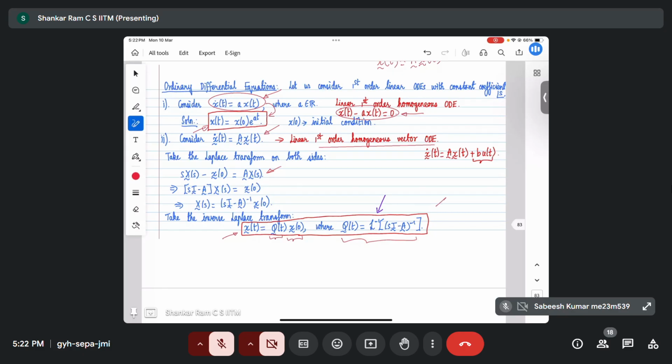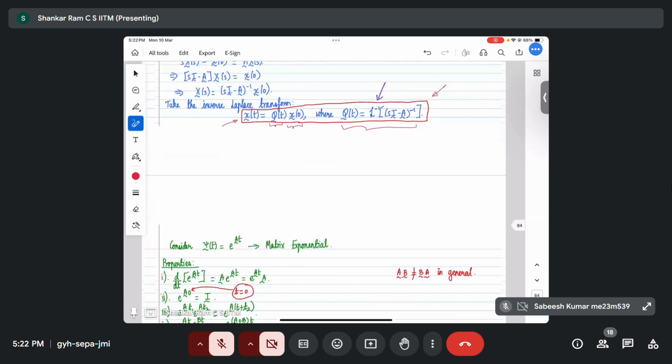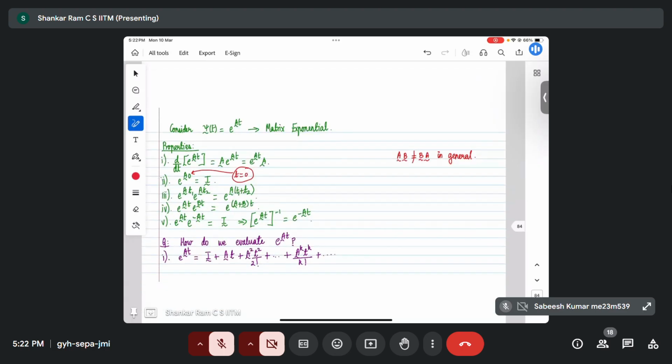So what we need to do to find phi of t is calculate sI minus A inverse, and then take the Laplace inverse of it. Then only can we get the solution. There is another term which we will shortly show: the Laplace inverse of sI minus A inverse is e power At, where e power At is the so-called matrix exponential.